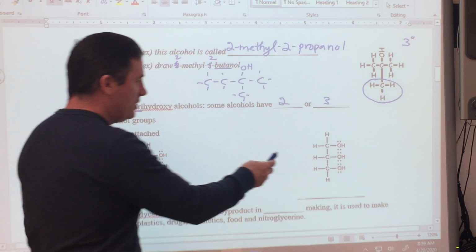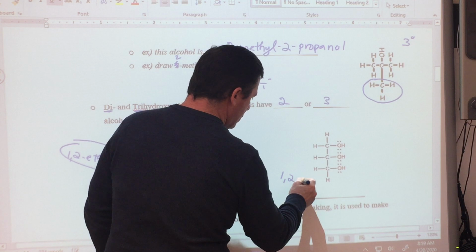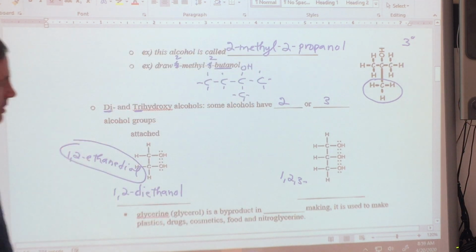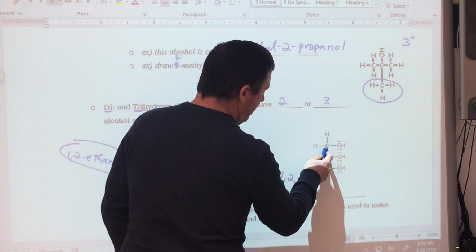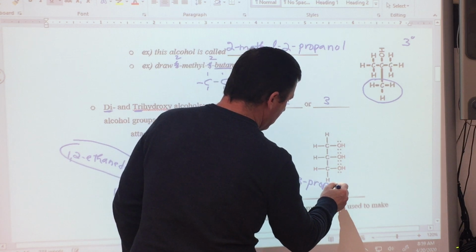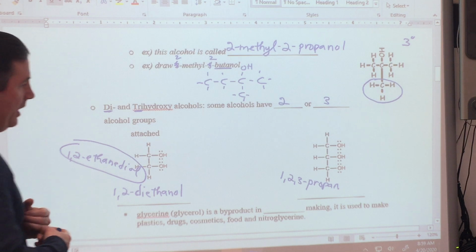Let's look at this one. 1, 2, 3. It's not ethane, no, it's what? Meth, eth, prop. That's prop: propane.